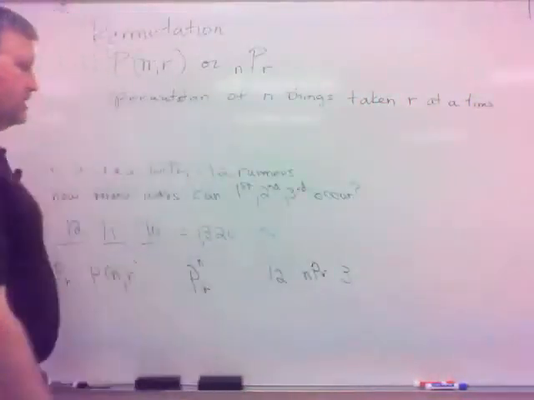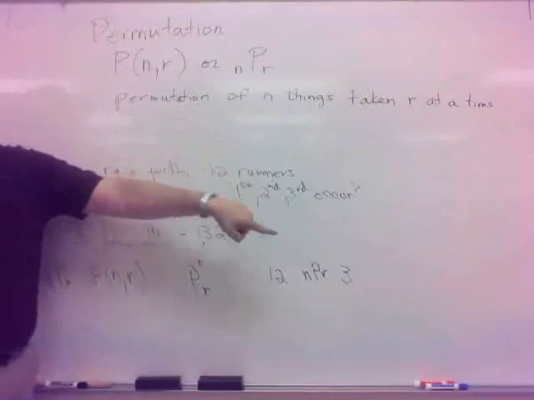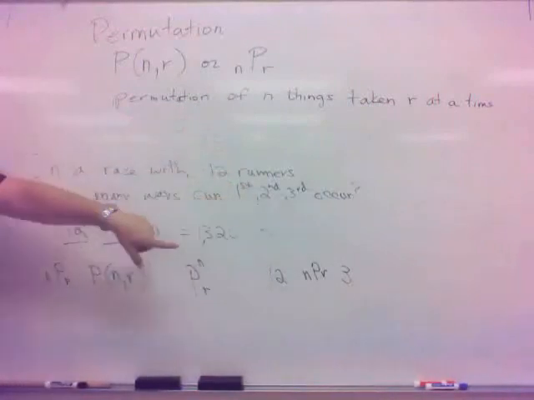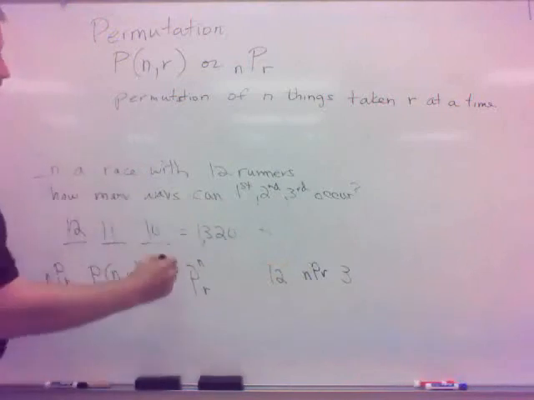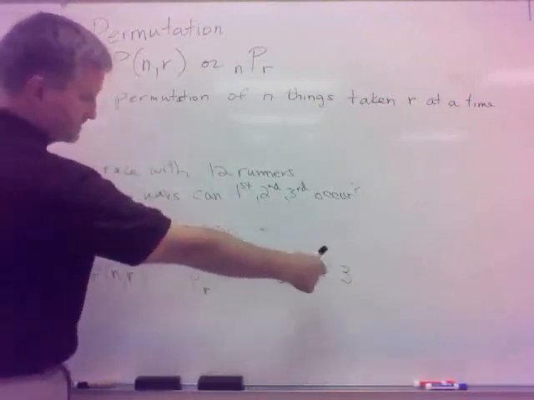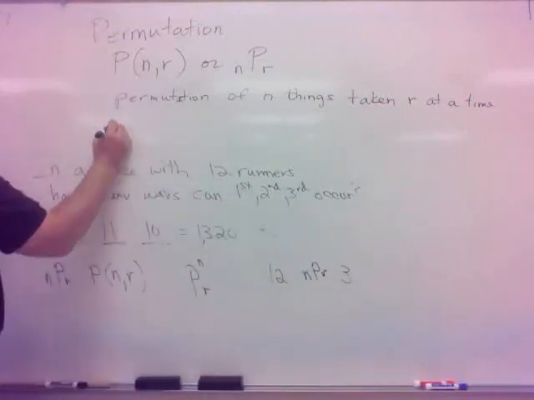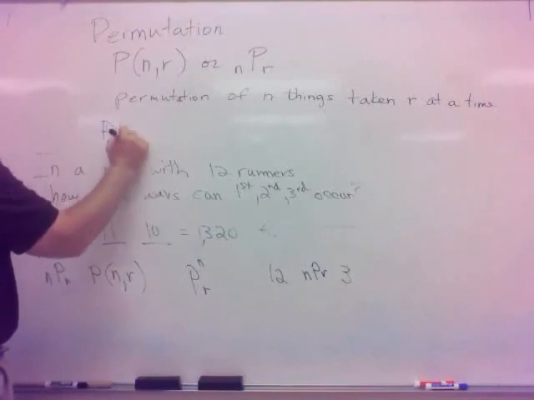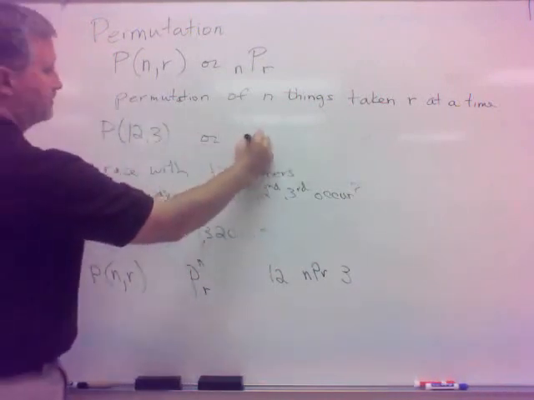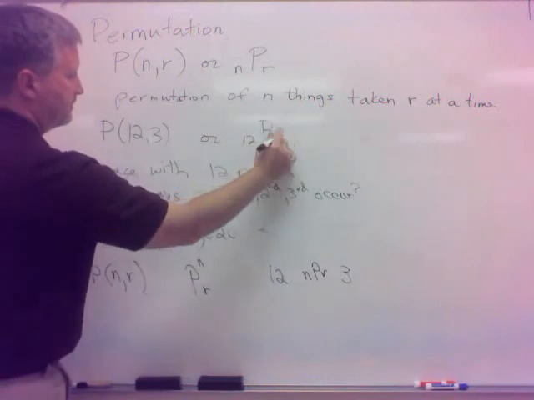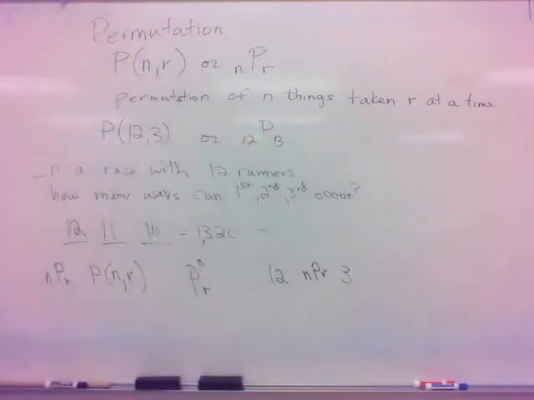So do you see why our example down here is 12? That's just how I entered it. Notationally, though, it would be permutation 12, 3, or 12P3. Do you see why ours is that?